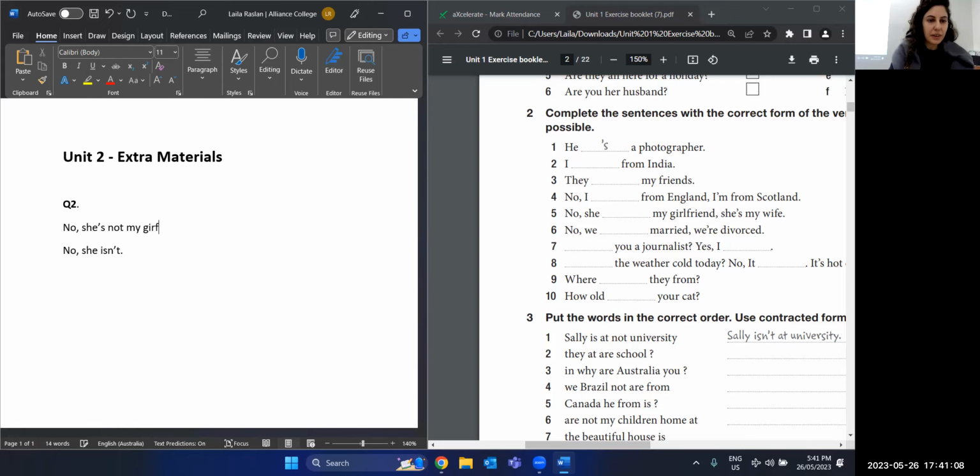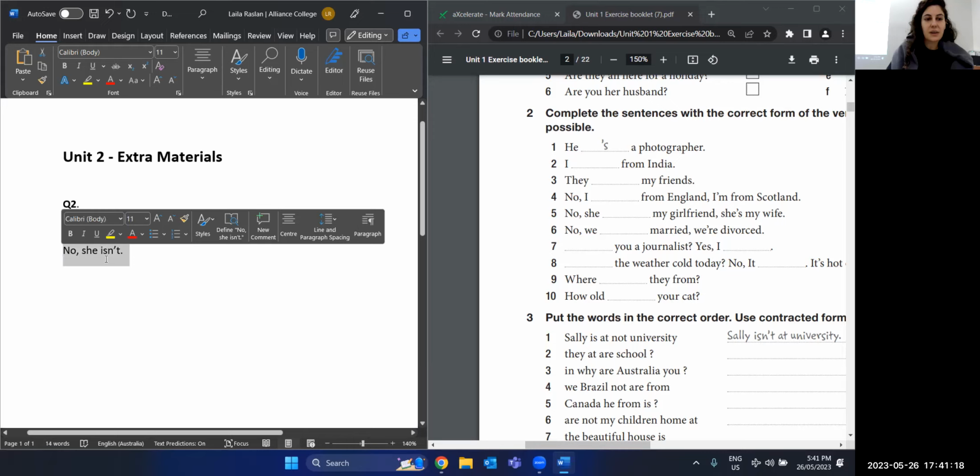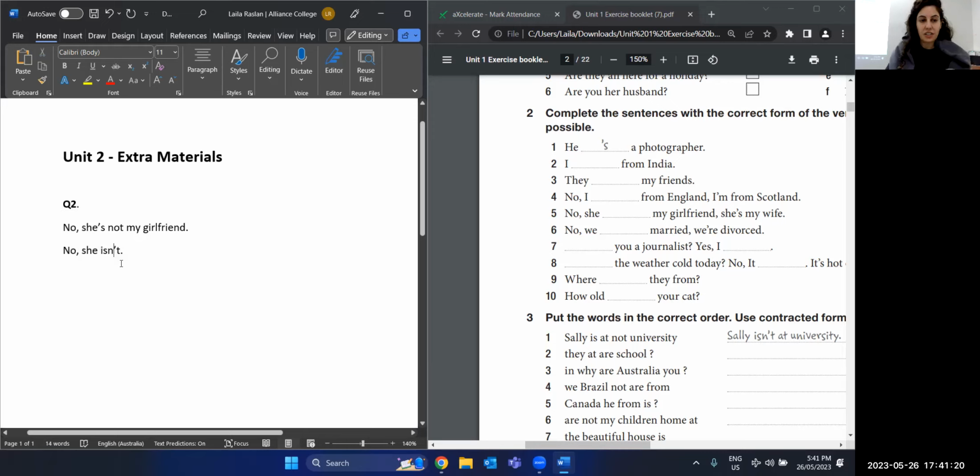You can put either one, but it's more common to finish with this construction. So put the is with the not when you put the full stop. So you're answering a question. So when you're answering, well, they're both answers.